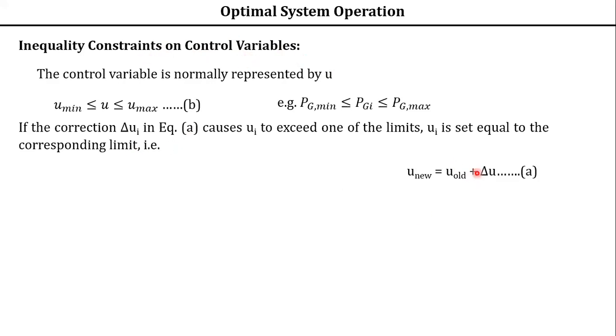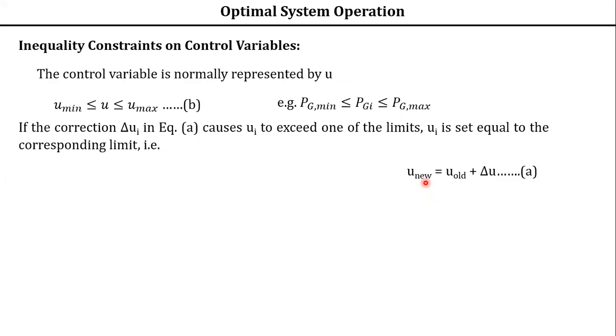Each time you are updating the control variable in each iteration, you have to update this value of u to u new till your gradient reaches zero value in the negative steepest descent direction, negative gradient. Clear? Till that point we have to solve this problem.